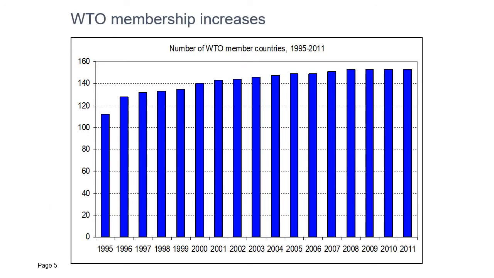The World Trade Organization membership has increased over time. Over a period of more than 15 years, we find that the number of members has increased quite substantially. We actually had more than 20 odd members join during this time. That's important. We're finding that more and more of the countries that exist in the world are becoming members of the World Trade Organization.